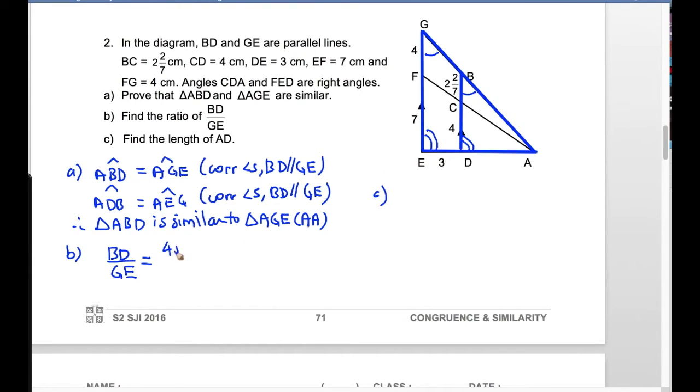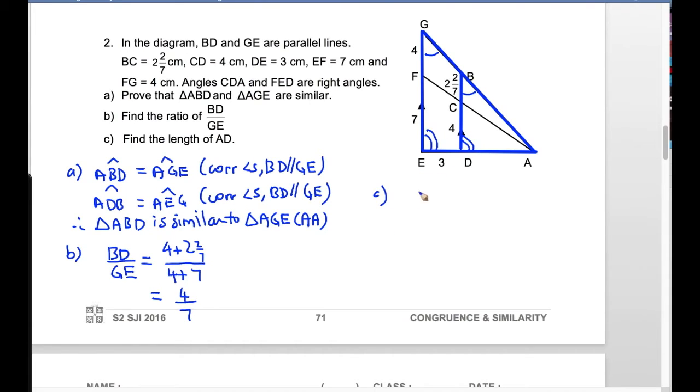In the next part, we must find the ratio BD over GE, which is 4 plus 2 and 2, 7 over 4 plus 7. This simplifies to 4 over 7. And this happens to be the known ratio as well, because it is formed from a pair of corresponding sides.